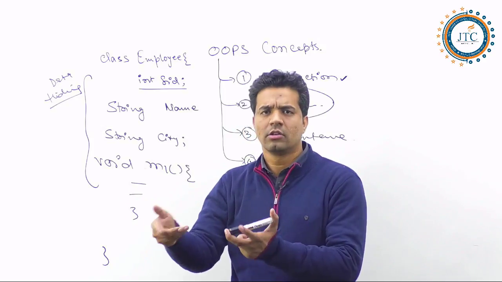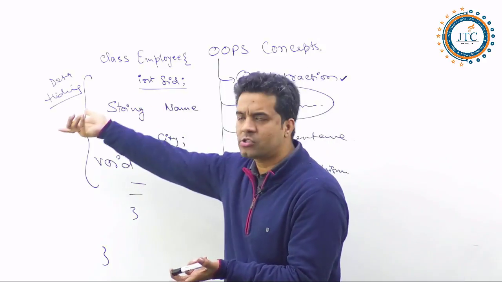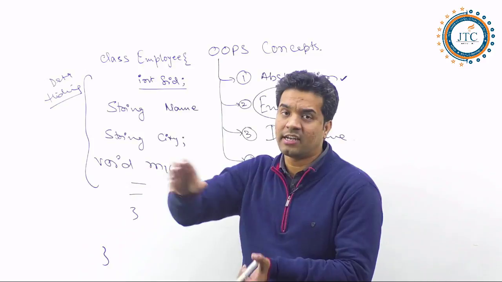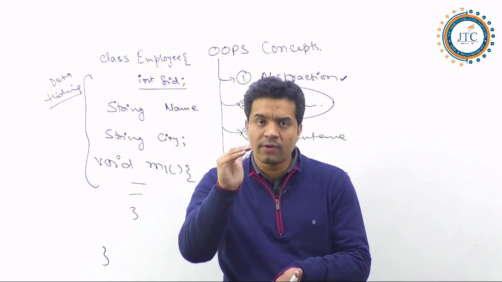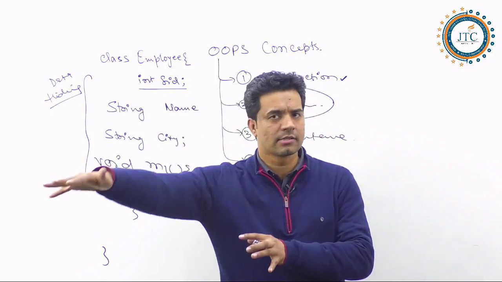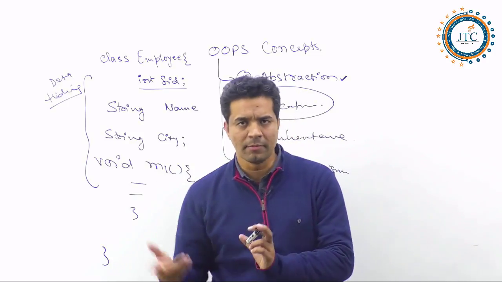So in another form you can say that is data hiding. And the data hiding you are going to do at different levels, which we will be discussing in the further classes and our upcoming classes.